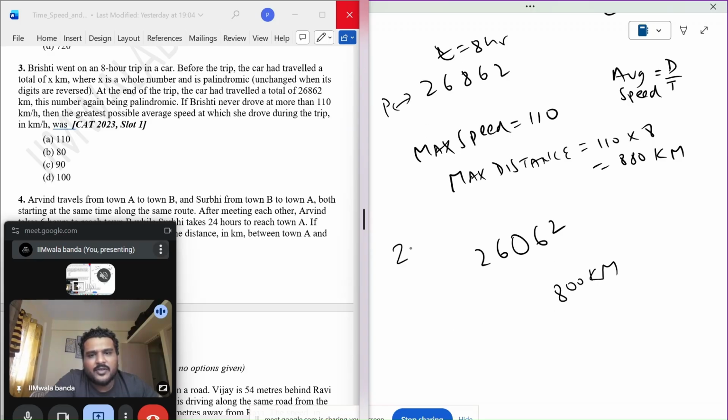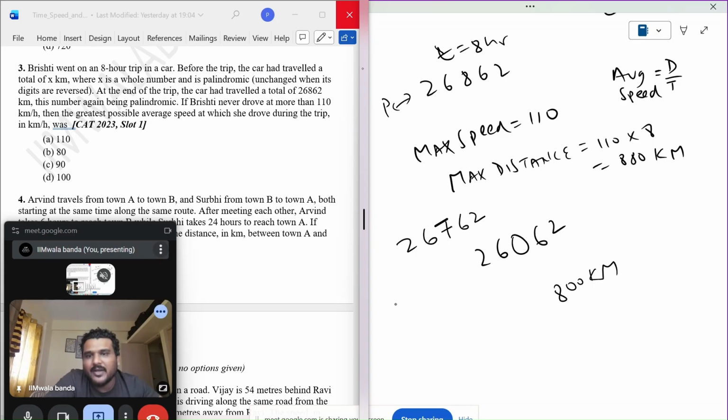If I reduce this number to 5, then it is not possible because for this to change, it would have to cover 1000 kilometers, which is not possible. 800 is the maximum. And if I reduce it by just 7, again, this can also be the starting point.